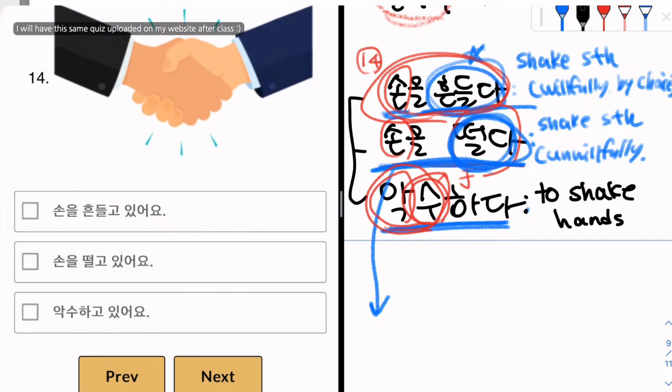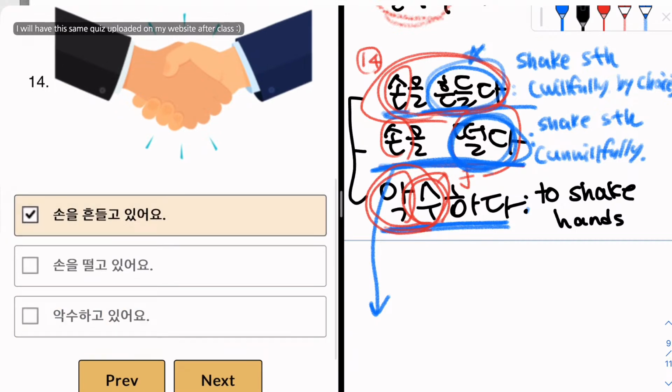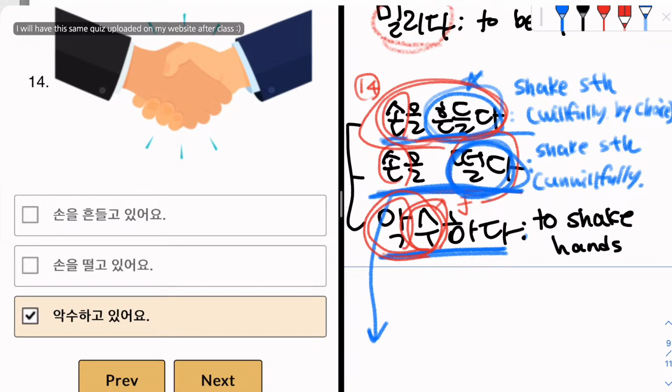They're doing 악수하다. They're not waving their hand, and their hands are not trembling unwillfully, right? They are shaking hands. 악수하고 있어요. So it's easy to get these three vocabularies mixed up because they seem to have similar meaning, but they're different words.